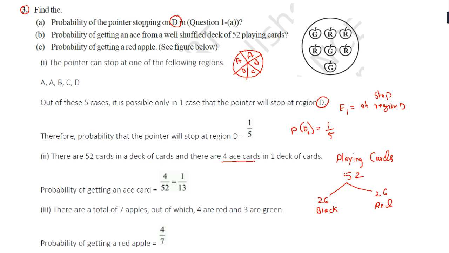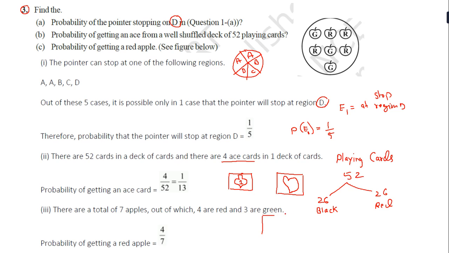There are 4 ace cards in a deck. If you see the card here, we can say it is red. That is black. Here 1 is written.